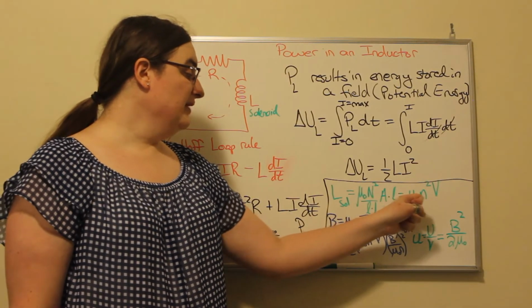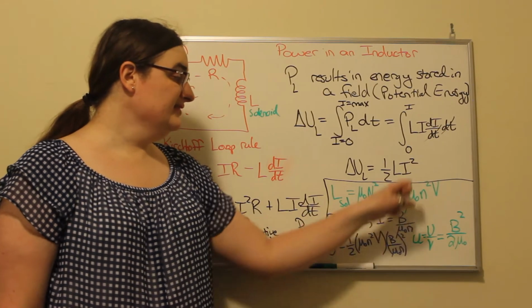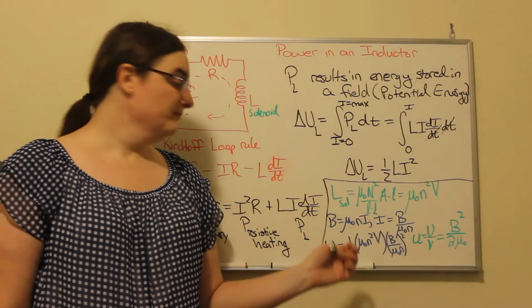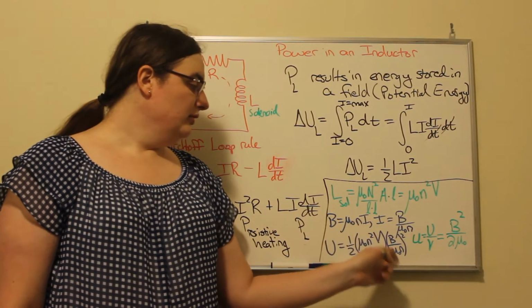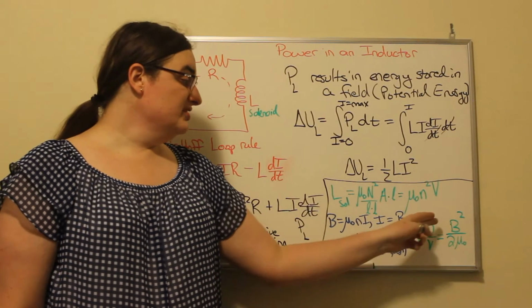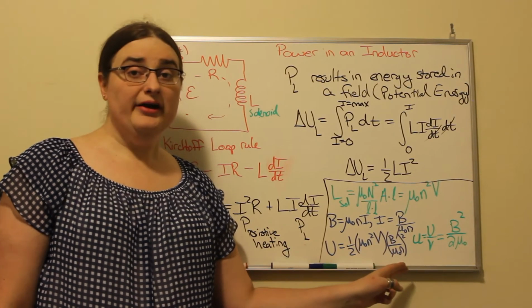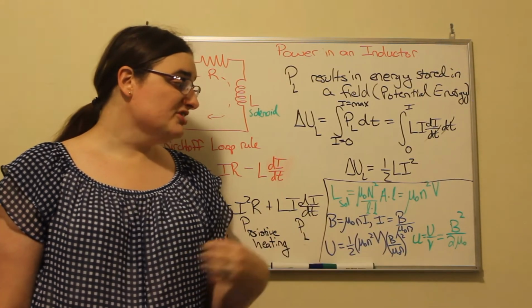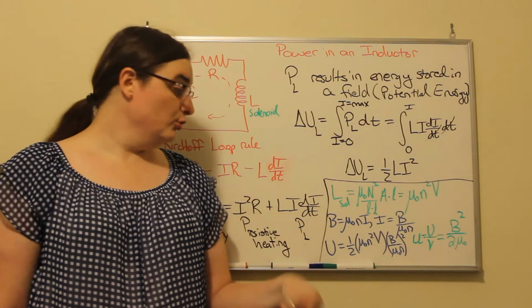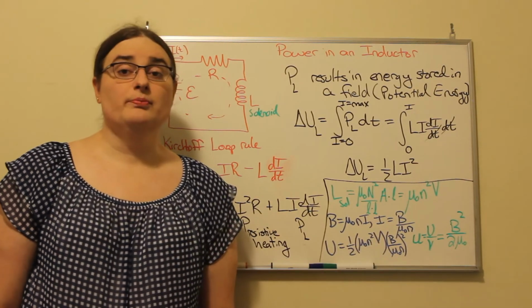So, if I fill in my value for my inductance, I fill in my value for my current, I have mu naught over mu naught squared. So that's going to give me a 1 over 2 mu naught, and then I have n squared over n squared. That cancels, and I'm just left with the magnetic field squared times the volume.